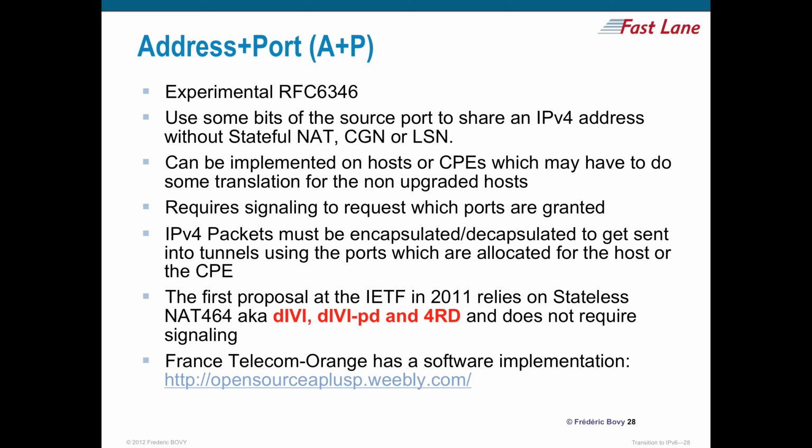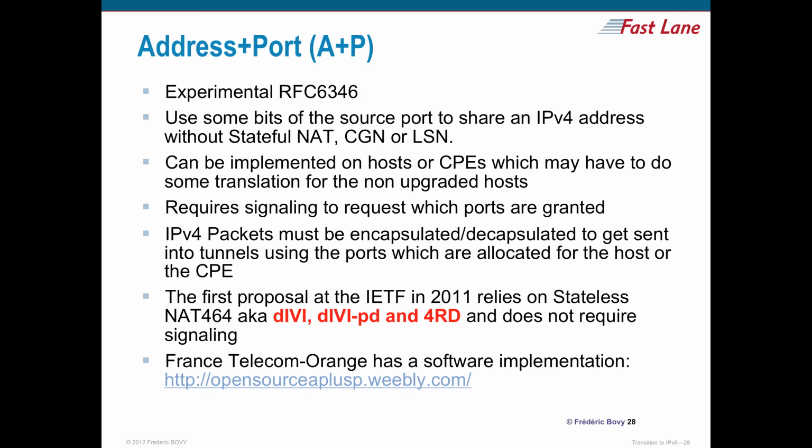Actually, A+P provides the same benefits as carrier grade NAT, which means that A+P permits sharing a public address among multiple customers, using the source ports to multiplex the address. Each customer will not have the full range of source ports available.